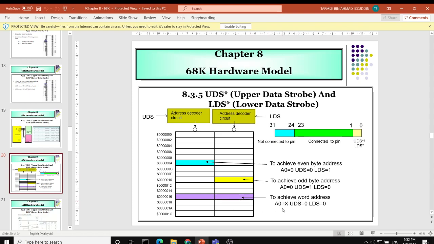To achieve a word address, you will look at later. You will need to use a certain decoder to access this memory part.